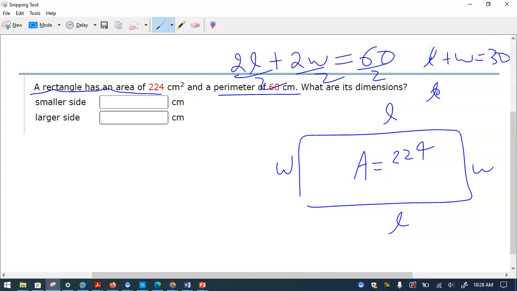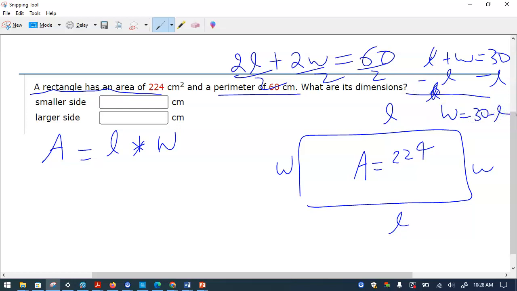Okay. Now, the area is length times width. So we can replace, if we subtract L here, you get the width is 30 minus L. That means the area is already given to you, which is 224. So you're going to replace this by 224.